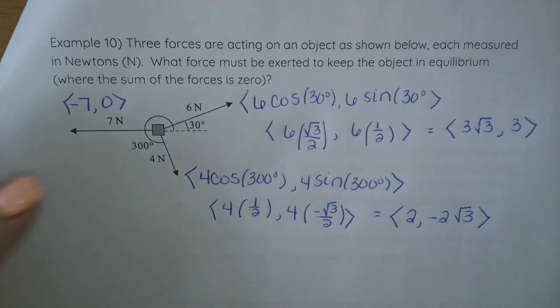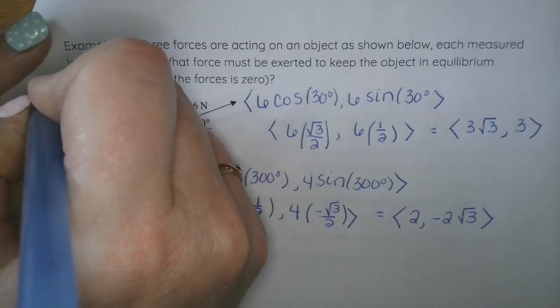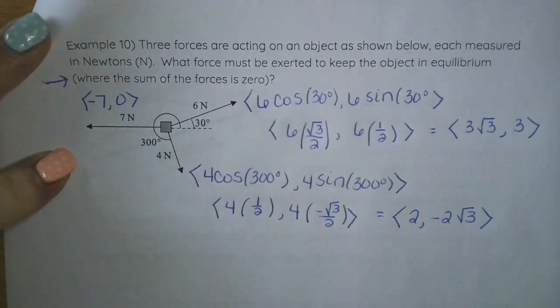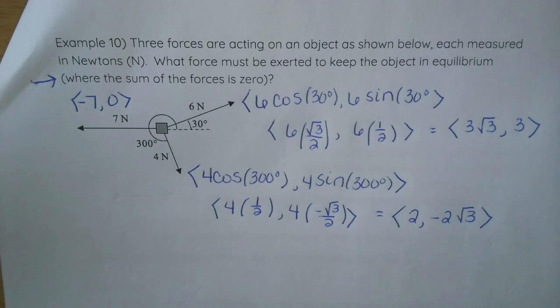It tells us in this line here that the sum of these three forces is 0, means that it's equilibrium. So I'm going to add each one of these component forms together and set it equal to 0. But we don't know what that force is. So we have to add all of the forces together plus an unknown force that we're trying to find.